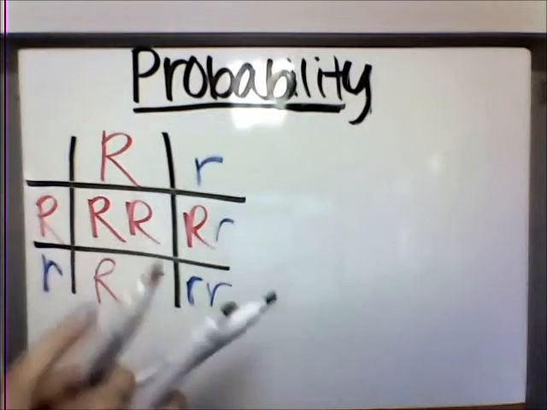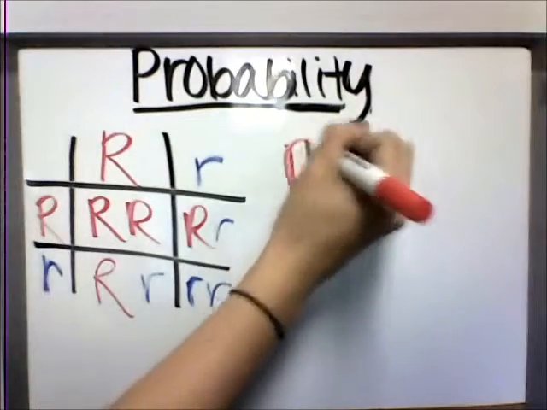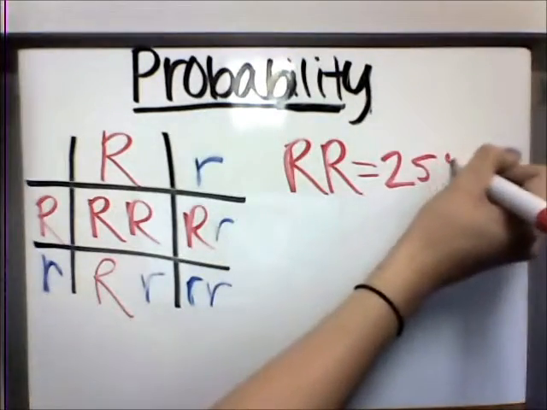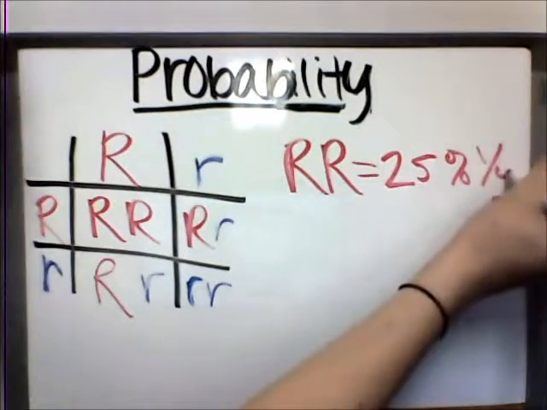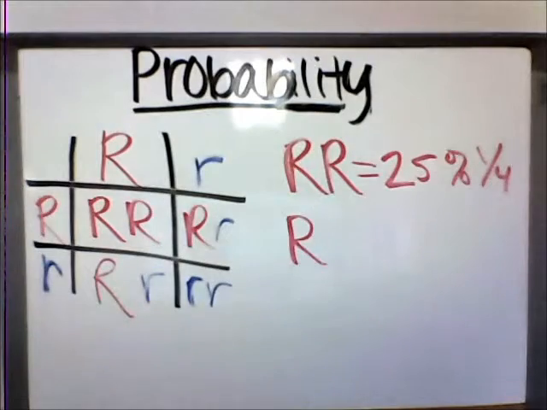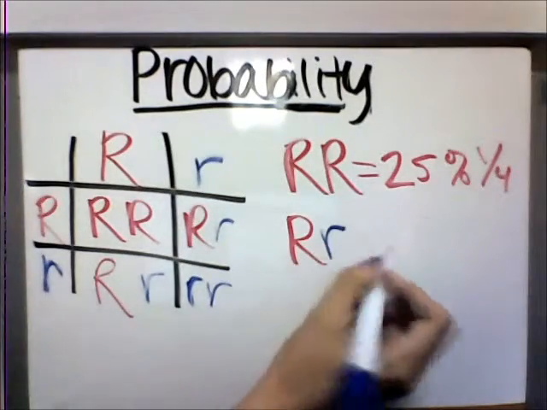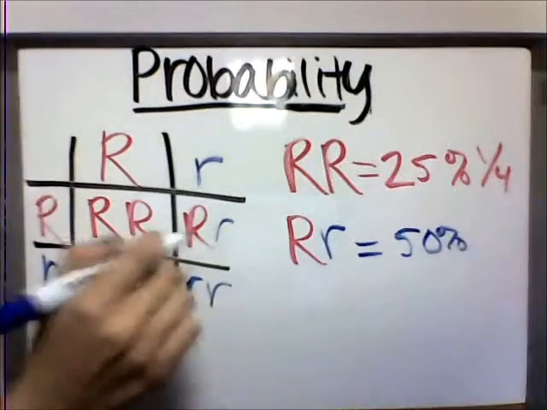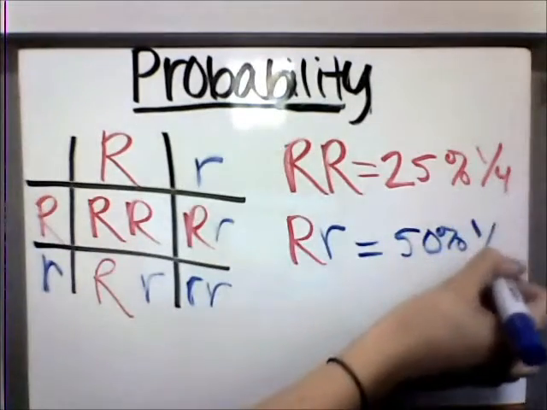So to figure out if you have a red flower, which is RR, it would be 25%, or 1/4. If you had another pink flower, it would equal 50%, because you have 2, or 1/2.